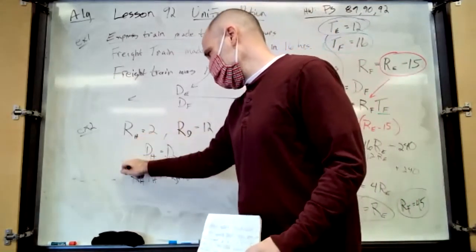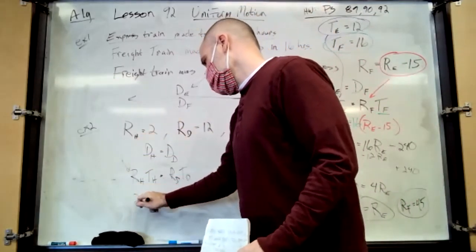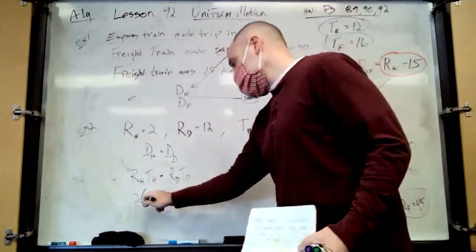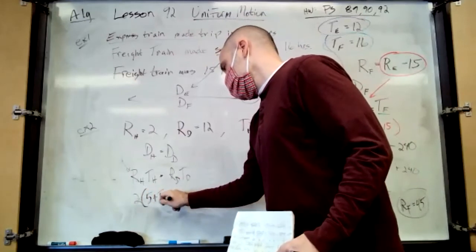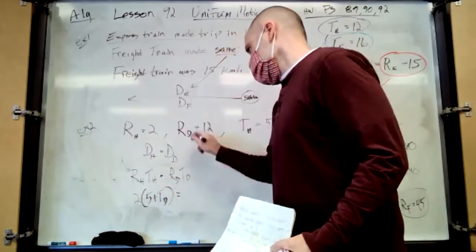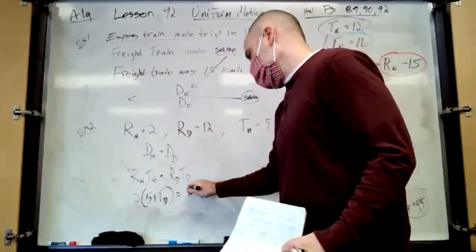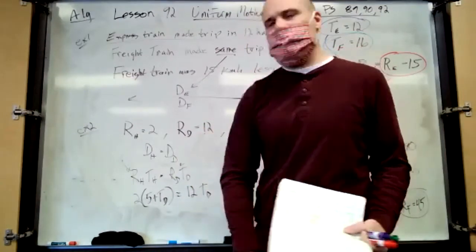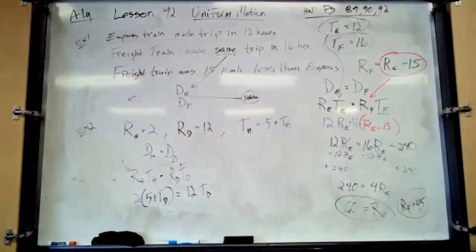Now I can start filling in the blanks. RH equals 2. So 2 times T of H, we have a T of H, 5 plus T of D, equals RD, which is 12, times TD, our unknown, so just leave it. See how that still says R of H, T of H equals R of D, T of D. Okay?